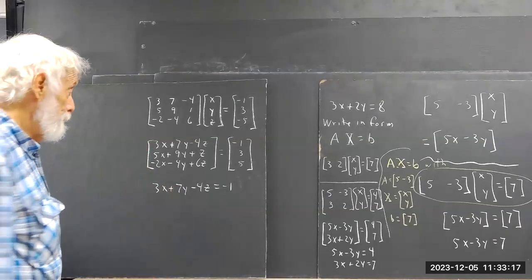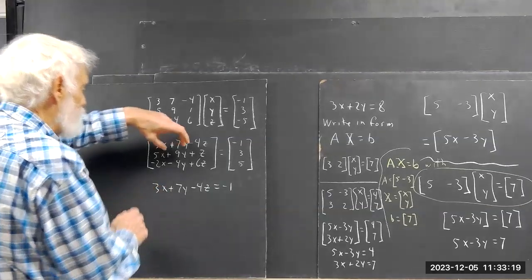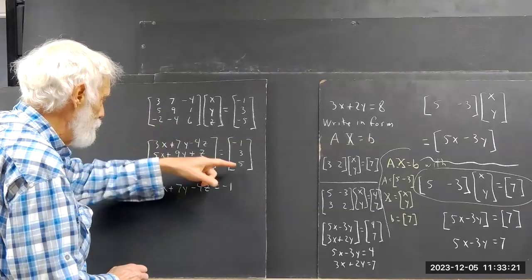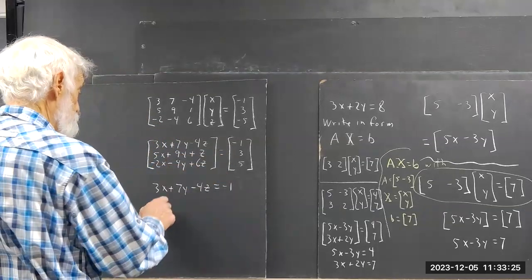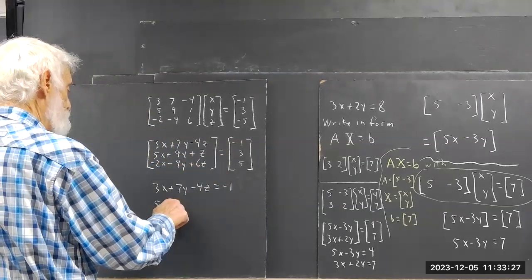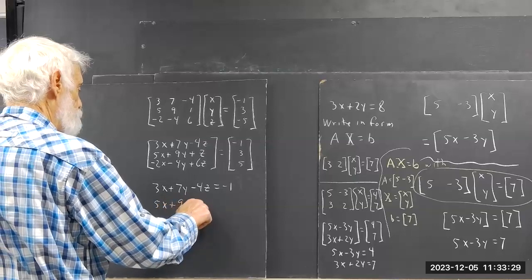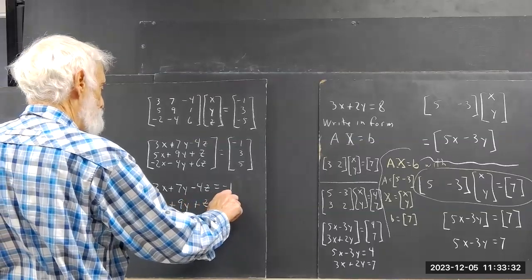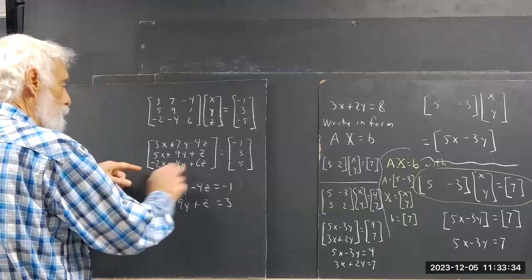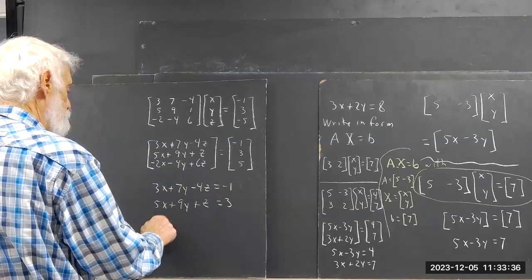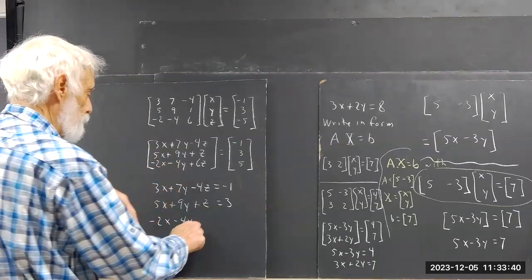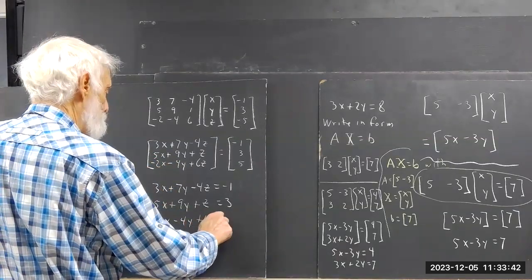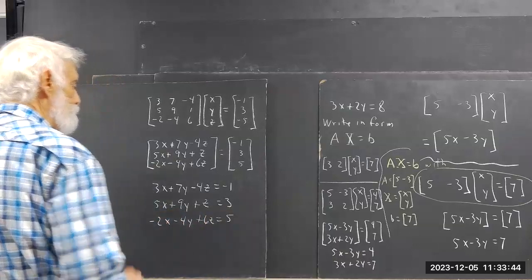Everybody got it right. Second row is 5x plus 9y plus z, and that's going to equal the second row of this, which is 3. So 5x plus 9y plus z equals 3. And then the third row has to equal the third row. Should be obvious now that that gives us negative 2x minus 4y plus 6z equals 5.